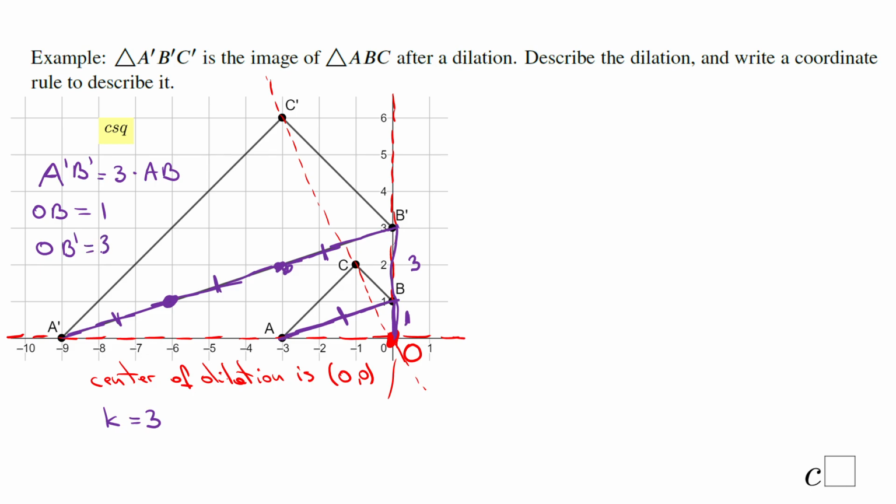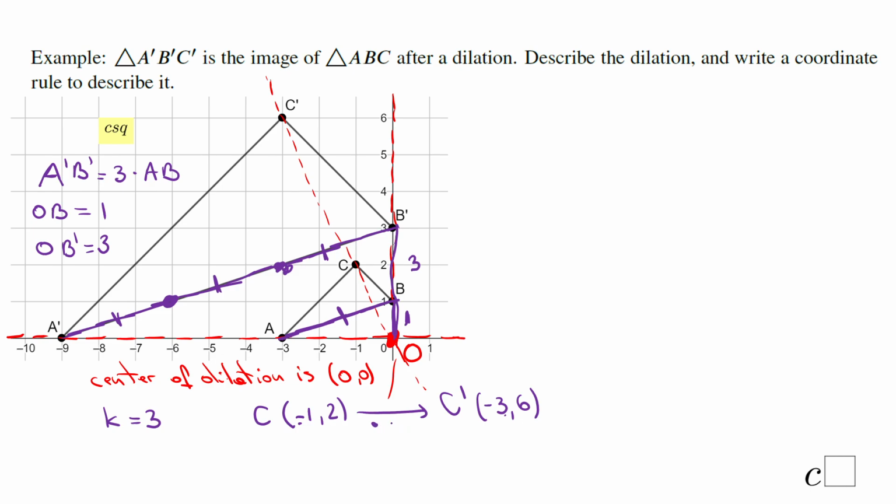And another way to do it, especially when the numbers are not friendly, is to really take a look at the coordinates. For example, C, I'm going to use C, but you can use any point, has the coordinates -1 and 2. And C prime has the coordinates -3 and 6. So now looking here, how do I go from -1 to -3 by multiplication?